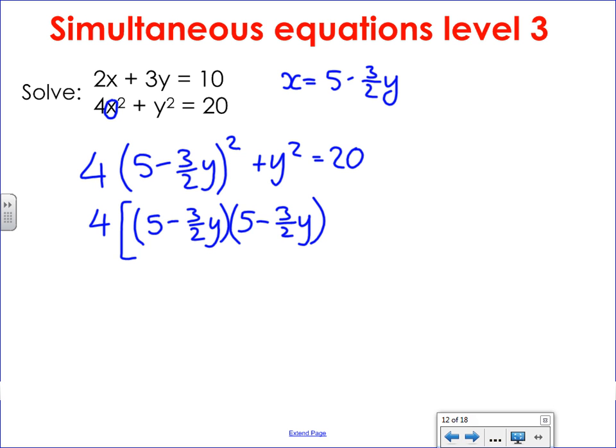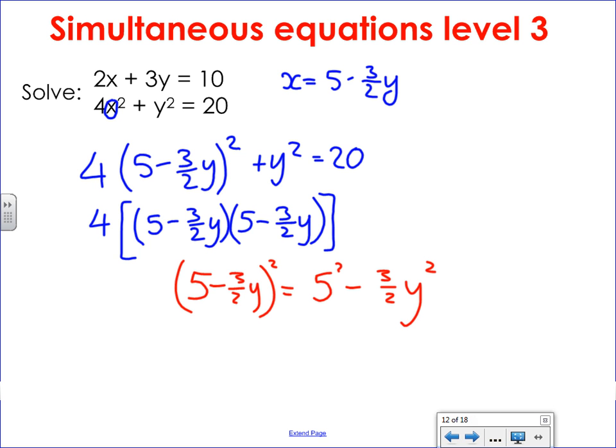What's really important is that you do not, and I'll write this and then rub it out immediately because it's really bad, make the classic mistake of thinking that when you square things, you can just square them individually. I mean, even this is bad on so many levels, it's not even true. Because you can't just go, oh, well, I'll square that and I'll square that, for a start.